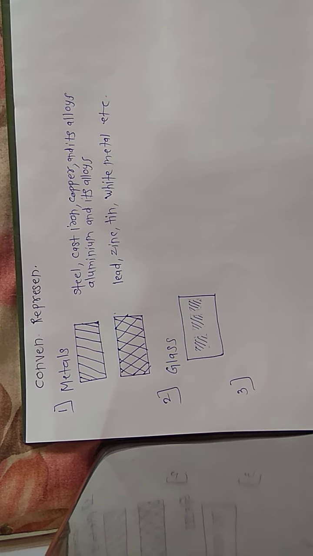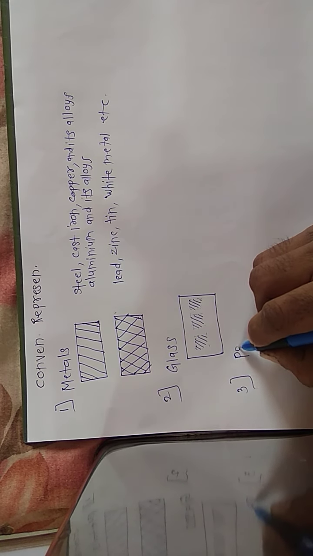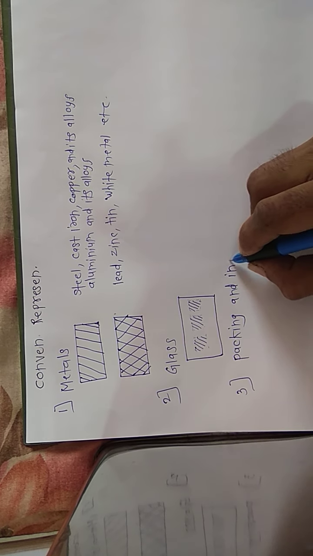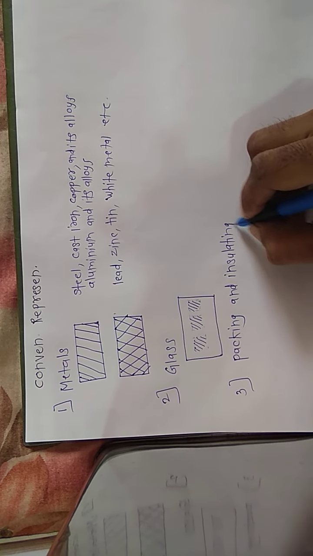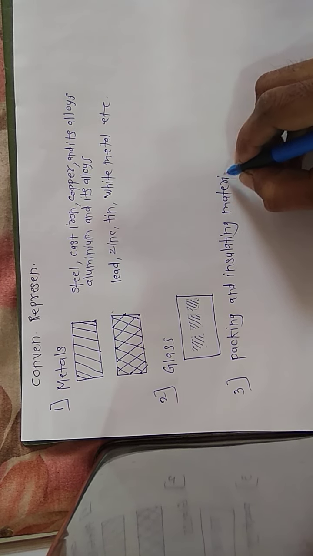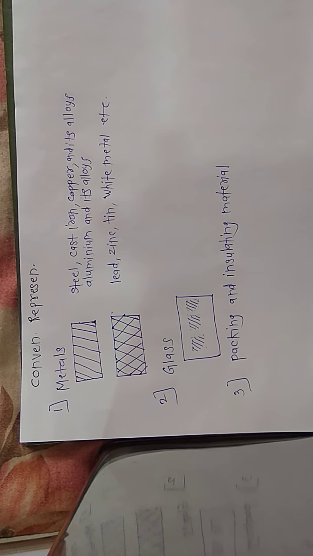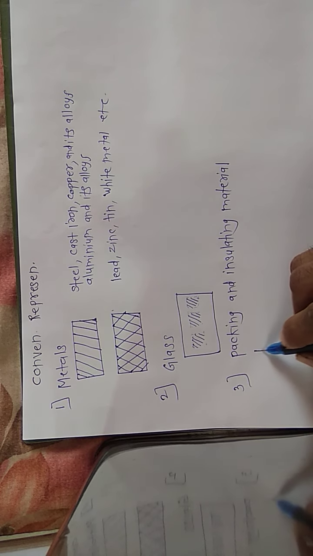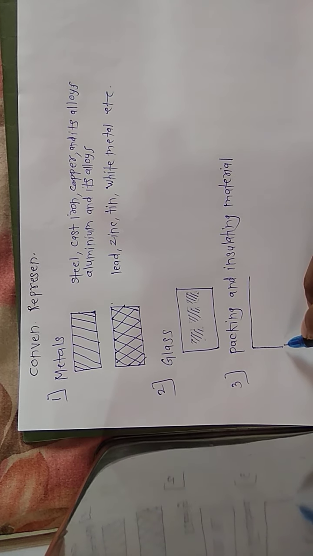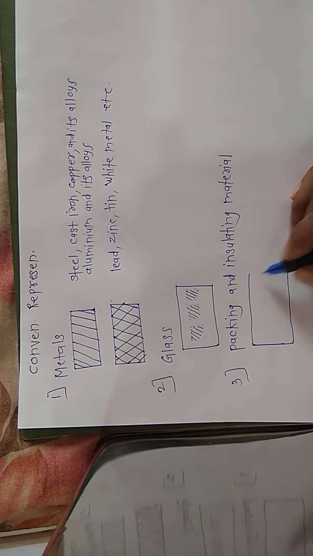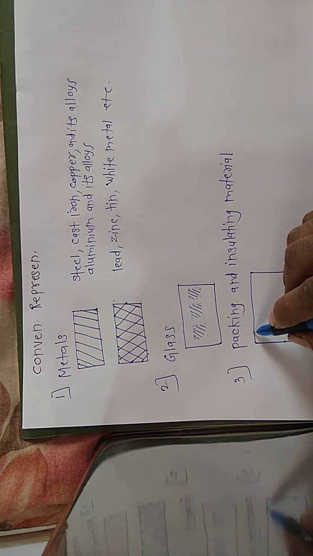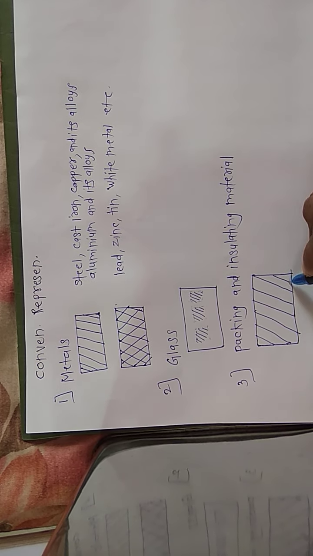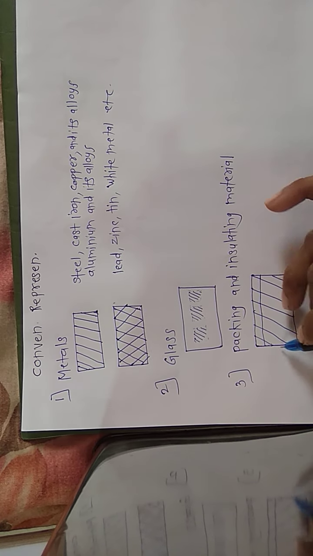Now for packing and insulating material, again draw the rectangle, draw some inclined lines, and again draw some horizontal lines.